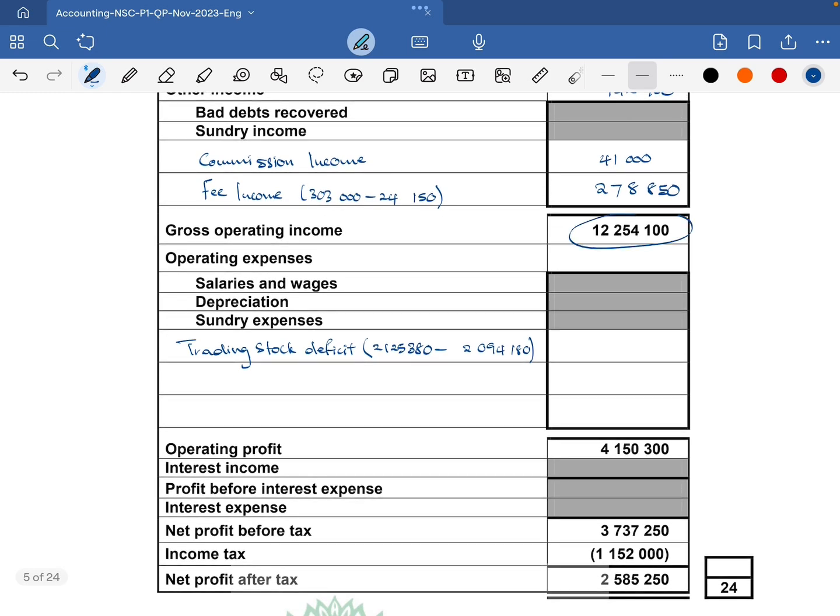Okay, then now we are still going to bag the marks that we are given, because if you look at this, we're given our gross operating income and also given our operating profit. We can just simply determine our operating expenses at this instant. So we're going to take the 12,254,100, and then we subtract 4,150,300, and then we know that now our operating expenses amount to 8,103,800.